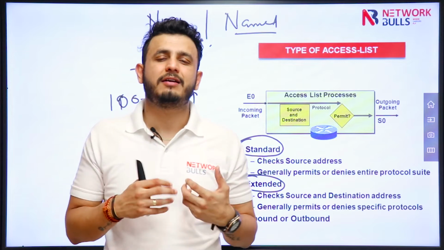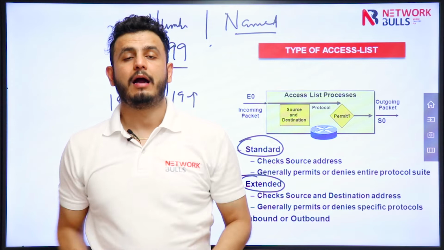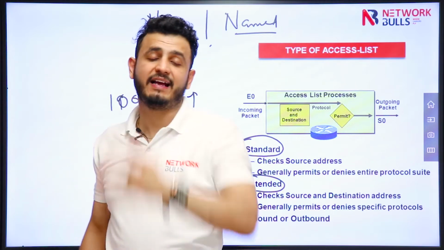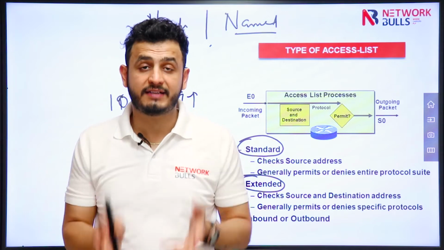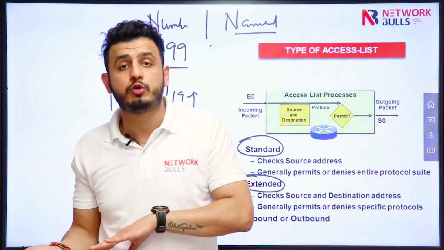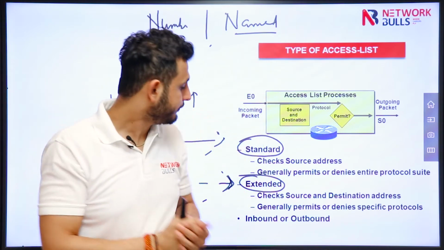You cannot match destination. Let's say Piyush is communicating with X and Y. And for example, you want to deny that Piyush should not be able to communicate with X. You cannot do that with the help of standard, because standard will either permit Piyush or deny Piyush. If it will deny Piyush, it means for both X and Y.